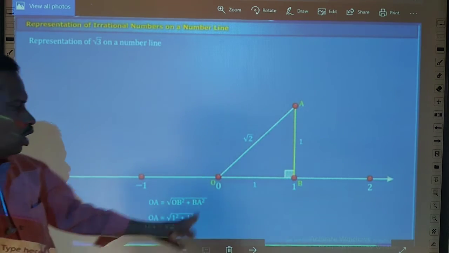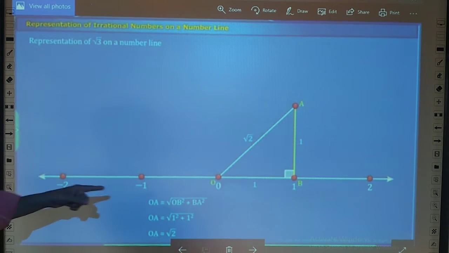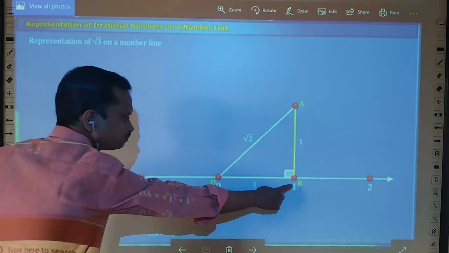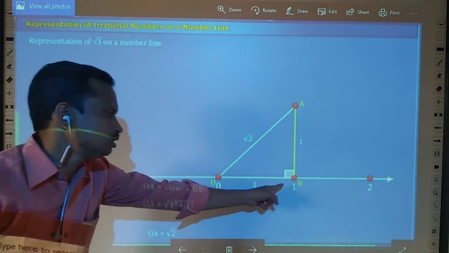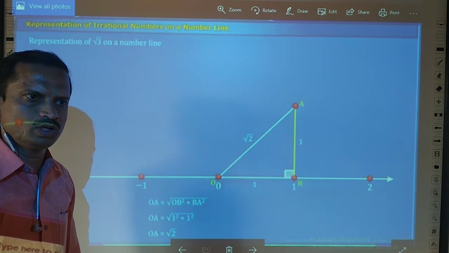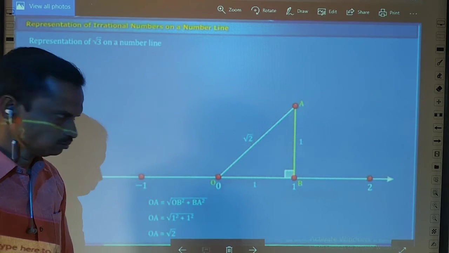First, draw a number line: -2, -1, 0, 1, 2 like that. You have to take the units. Name 0 as O and unit 1 as B here. OB is now a 1 unit distance. I already informed you, you can take 1 unit as 2 centimeters.